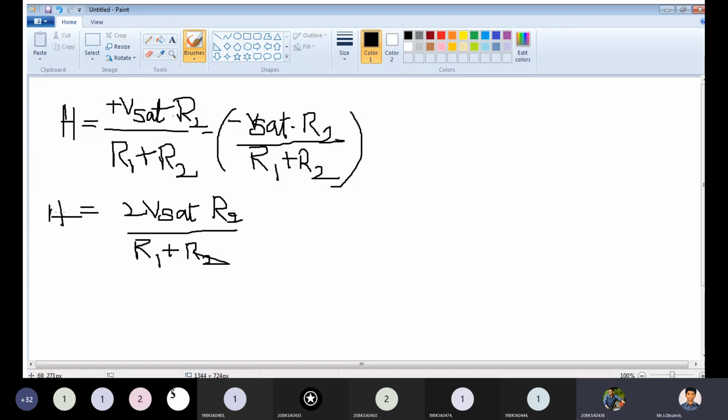This is the width of the hysteresis, or the hysteresis loss. So the Schmitt trigger eliminates the effect of noise.